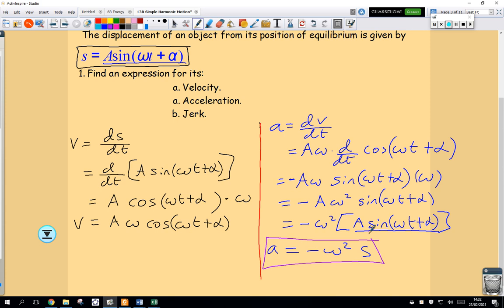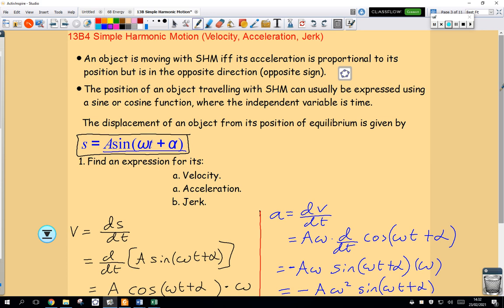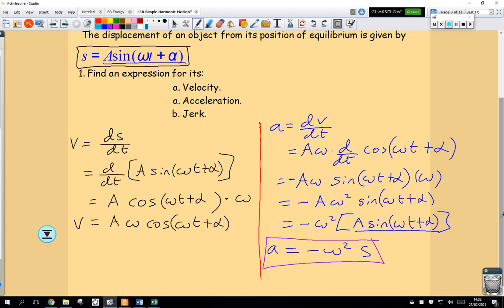So my acceleration is always negative omega squared times s. Now, useful to know: the acceleration is a constant times the displacement, which means they're proportional, and it also has the opposite sign to displacement. That's actually just my very definition of simple harmonic motion. Acceleration is proportional to its position, but in the opposite direction, with the opposite sign. So a is equal to negative omega squared times s.